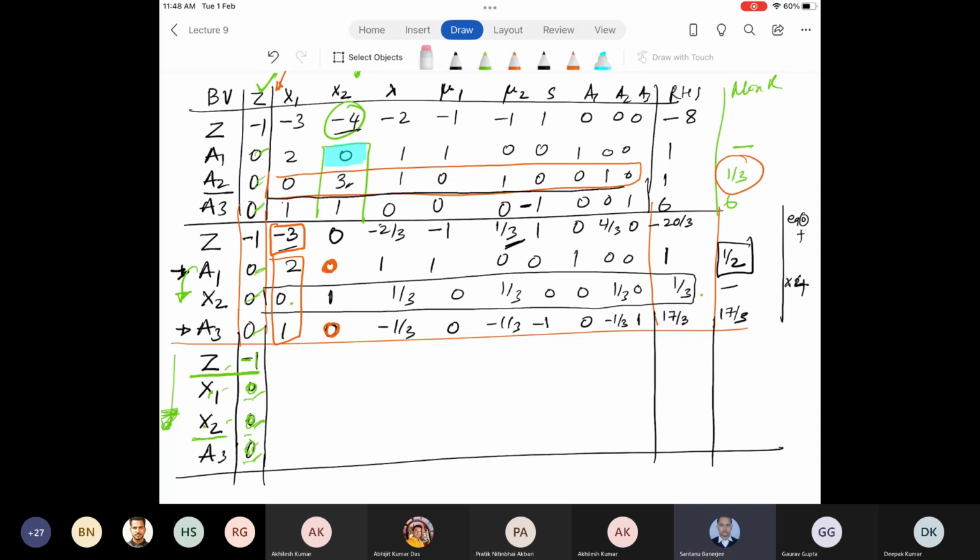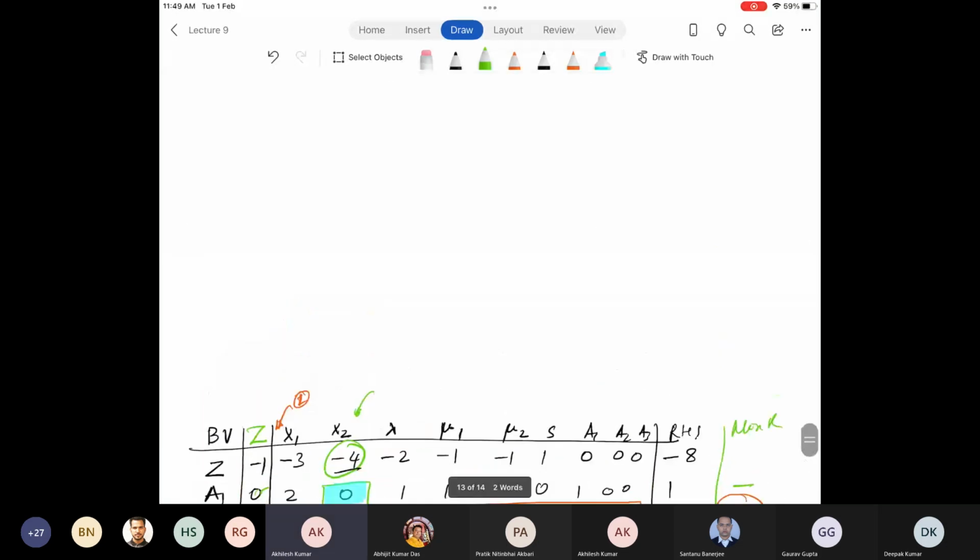So actually I did not understand it exactly. What is the column name? Yes, sir, that Z. If I'm looking at Z, I'm saying it has a coefficient of -1 in the zeroth equation. Everywhere else, its coefficient is 0. What are you not understanding in this? Let me show the equation.